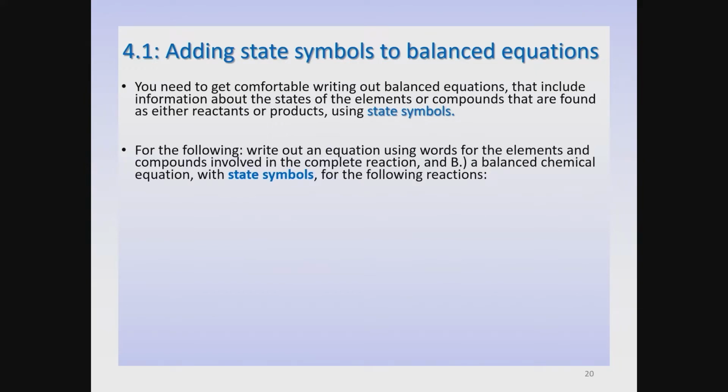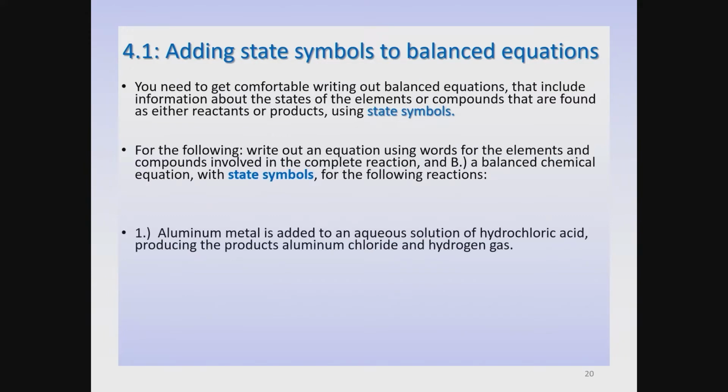What's going to be a little bit different this time is before, we took a look at equations that have formulas and we just balanced such that the atoms for each element were balanced on either side of the equation. But now I want to start out with a word equation and then convert that into a chemical equation and then balance that and then include state symbols. So let's go ahead and try the first one.